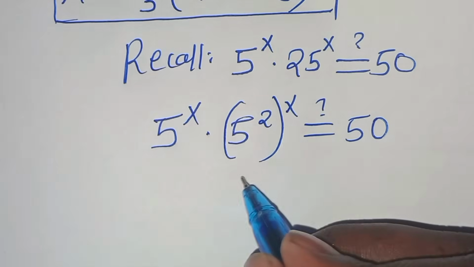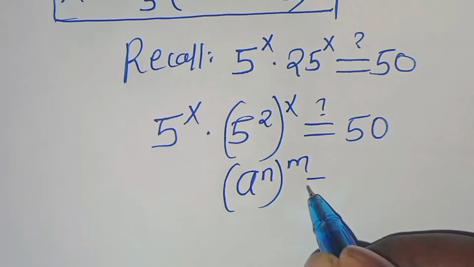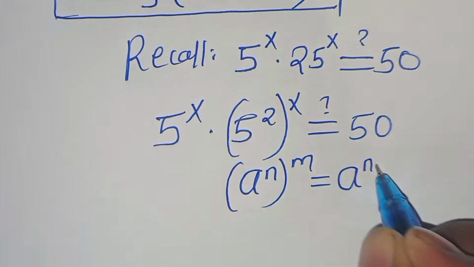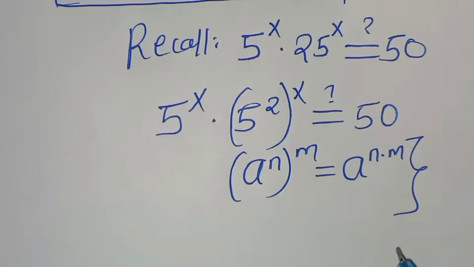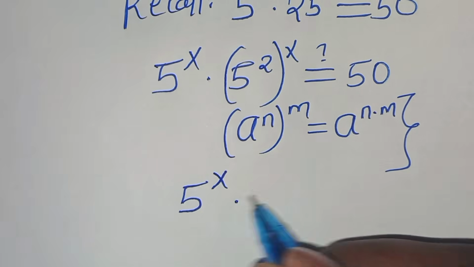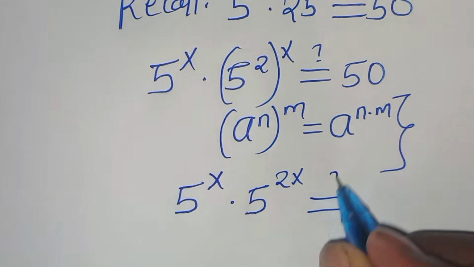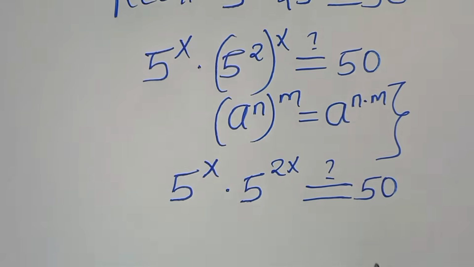Now, this is in the form of a to the power of n raised to the power of m, which can be expressed as a to the power of n multiplied by m. So this is 5 raised to the power of x times 5 raised to the power of 2x. This is supposed to give us a value of 50.